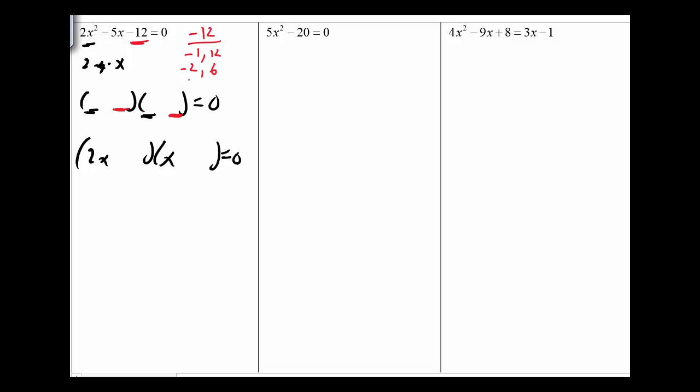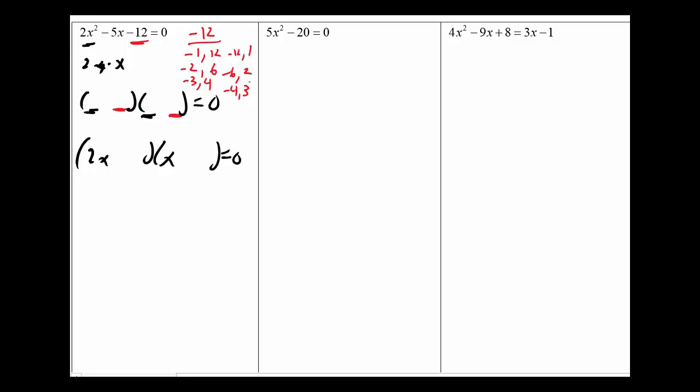I can do negative 3 and 4. What else do we got? And I can switch those around, so I can have negative 12 and 1, and then I can have negative 6 and 2, and I can have negative 4 and 3. And that's pretty much as far as my combos go.